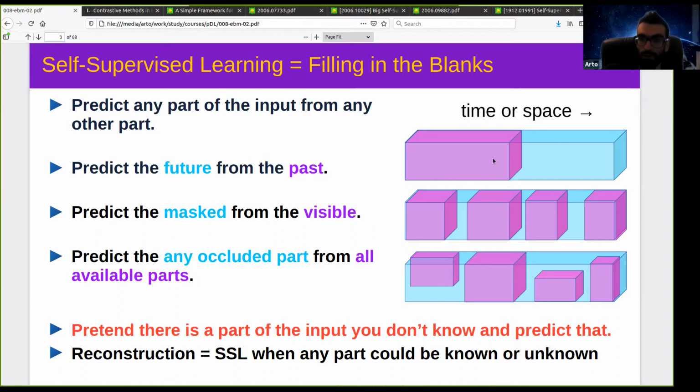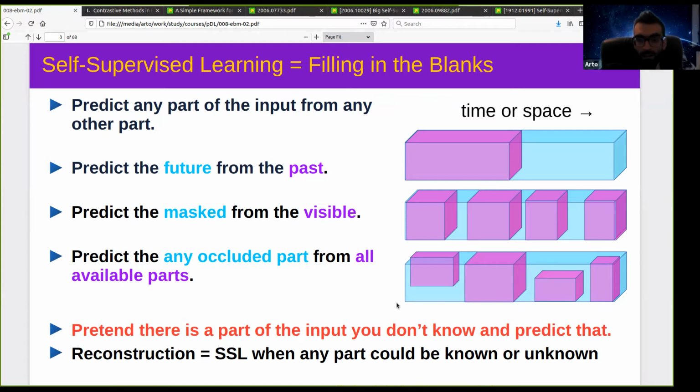We can try to predict future from the past, masked from visible, and occluded parts from available parts. And for each of these methods, you can make up how you generate input target pairs from data points. That's the way to do self-supervised learning.